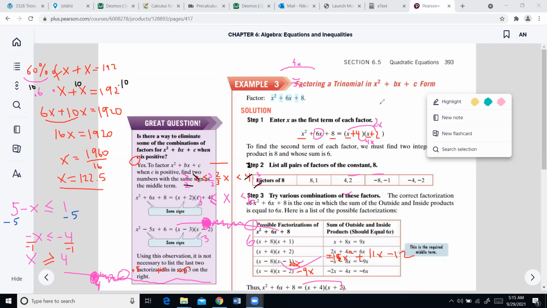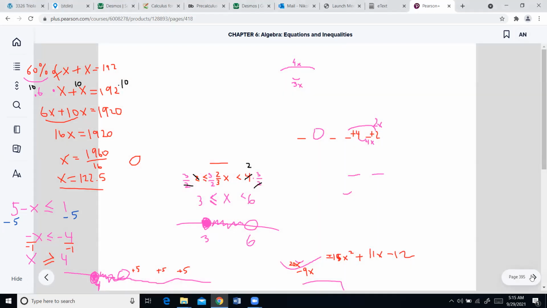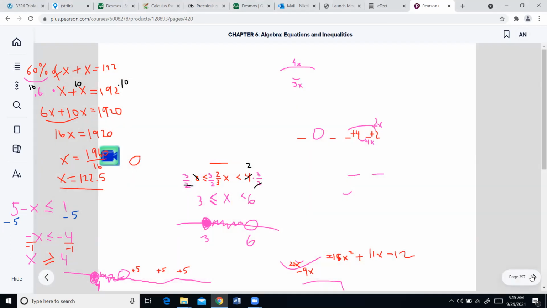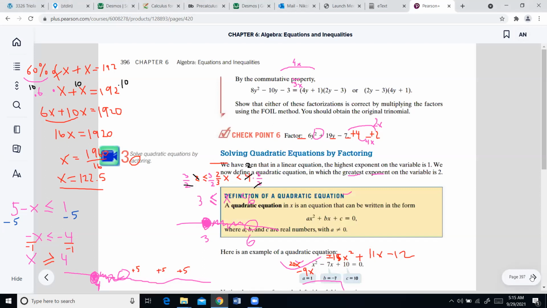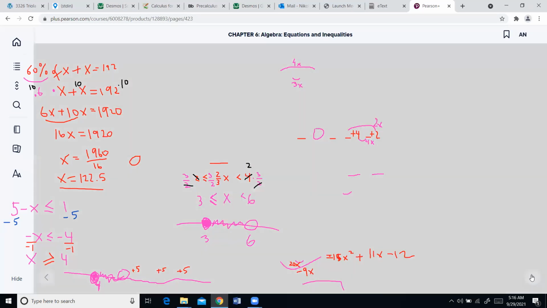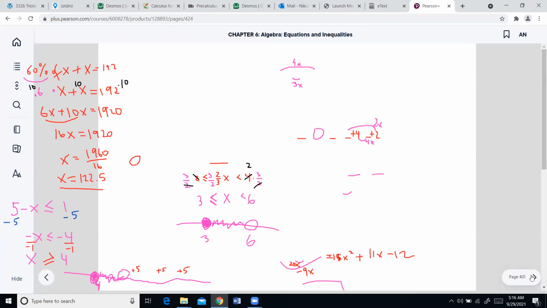So I hope this is somewhat familiar. And if not, then you can just do more of these problems. And I'm going to move to the end of the section and just practice factoring these so-called trinomials today and just see what this is coming to.